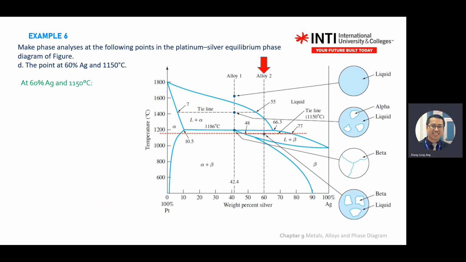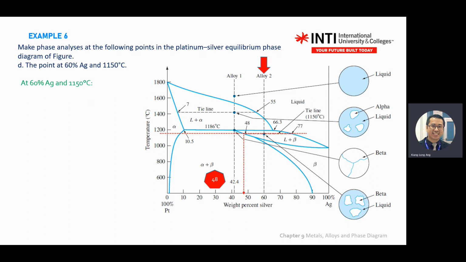So within this line, where do you look? What are the points you look for? You go to the percentage, for example this one is 60%. Then you draw a horizontal line.